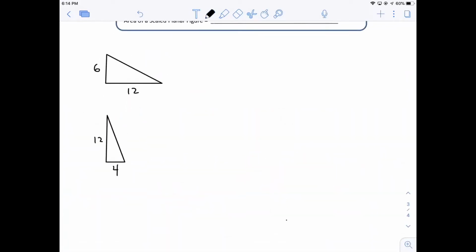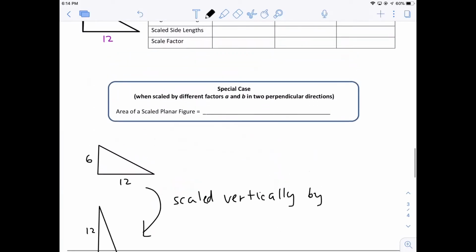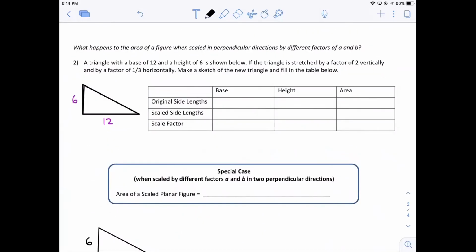And this is going to be our new triangle after we scale vertically by, so I'm not going to use the letter R anymore. R is usually reserved if it's a single scale factor that's being applied uniformly in all directions.